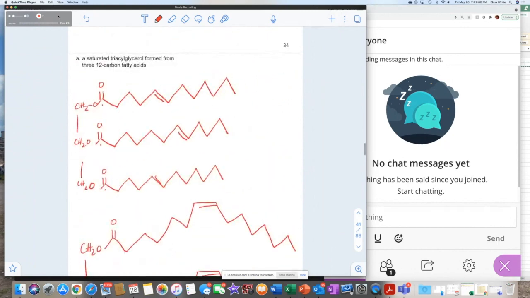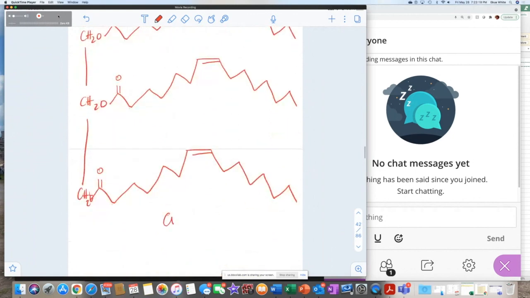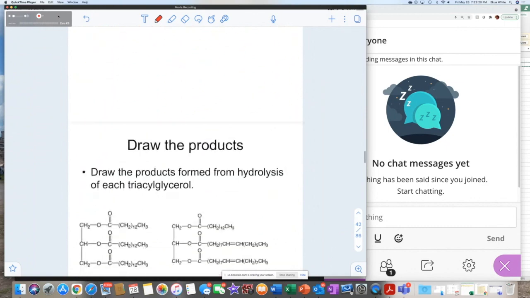So remember, this first one was the 12 carbon fatty acid, and I converted it to the trans fatty acid. This one, as you can see here, is the cis. And I have to draw them apart and draw it larger so I can make room for that kink, right? So hopefully you can see that.